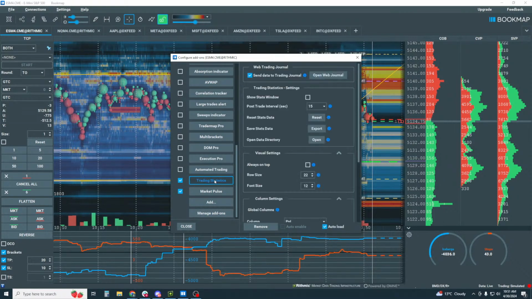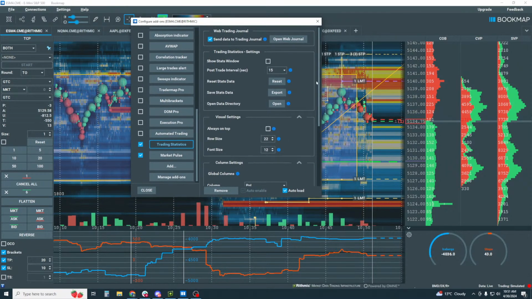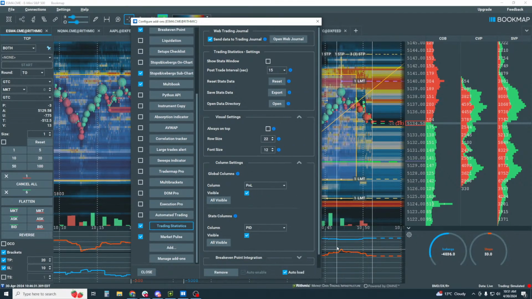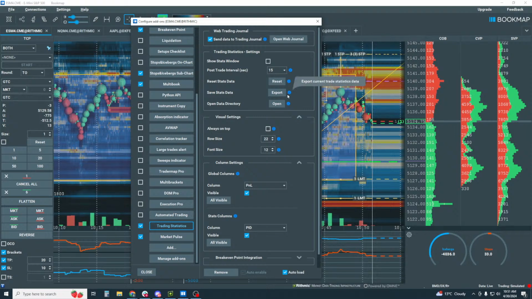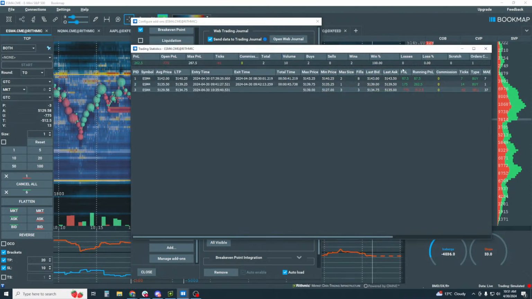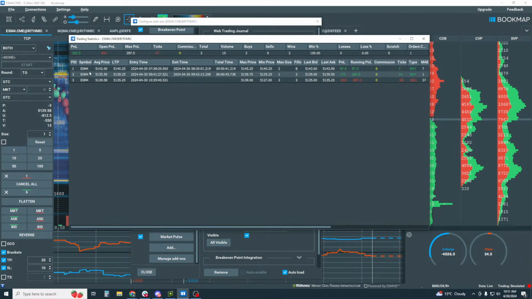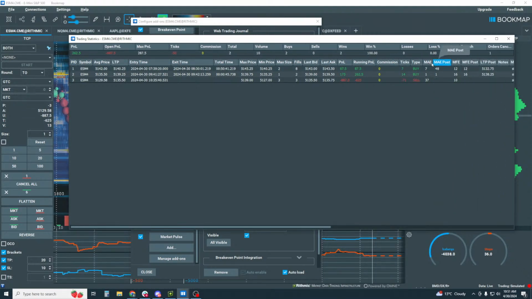Once you've got it, then you open it up here. These are the settings that I have. I haven't really played around with this too much, but we can open it up here and take a look at it. Right, our stats window here. Okay, so we can see our metrics, our running P&L, and the most important, I think, are these ones here.